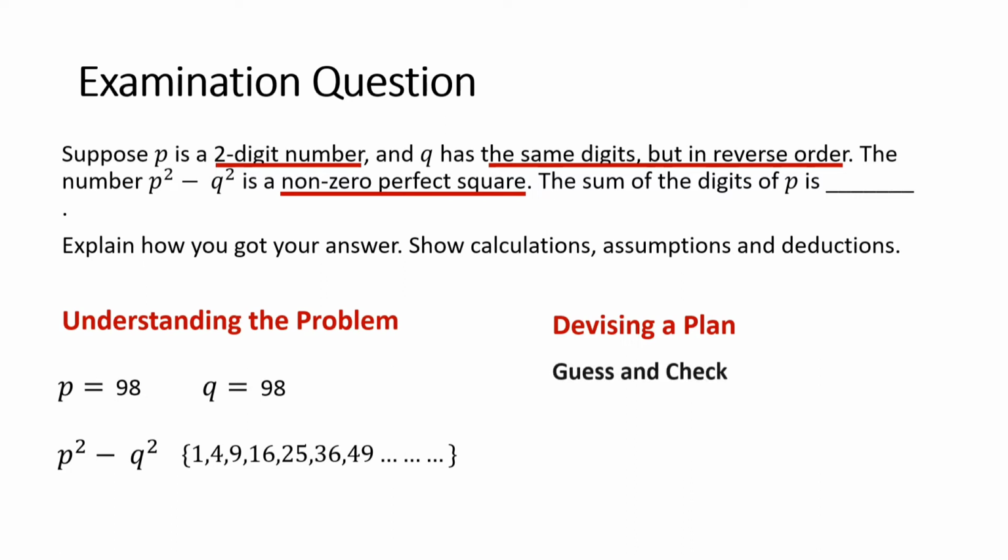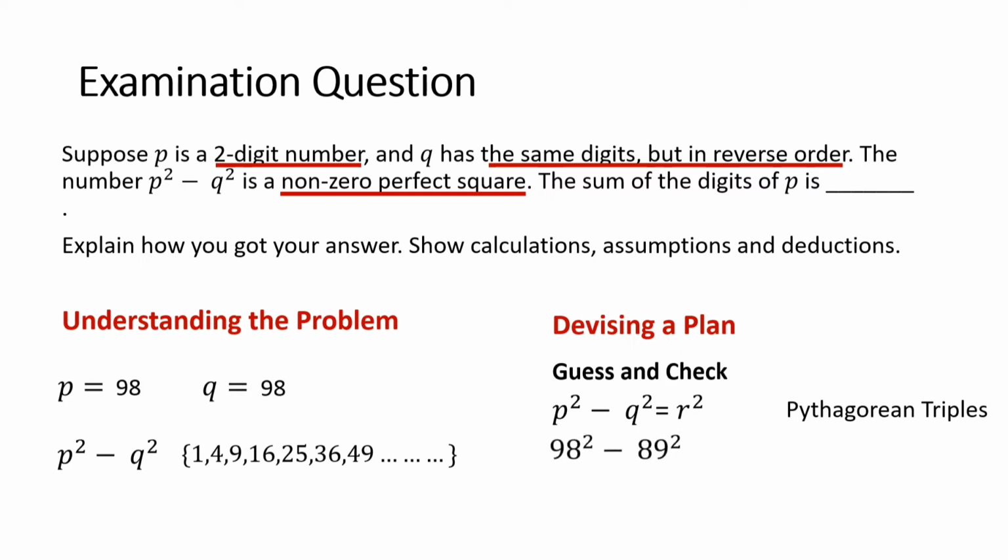We can employ guess and check to try to solve the problem. This means we can try any values of P squared minus Q squared to see if it would give me R squared. That is a Pythagorean triple.